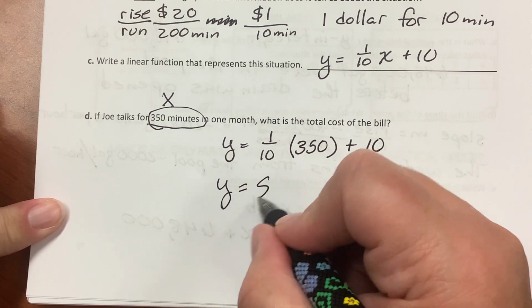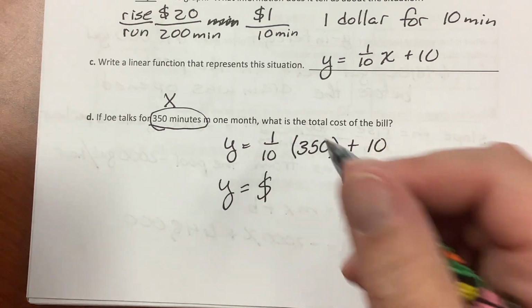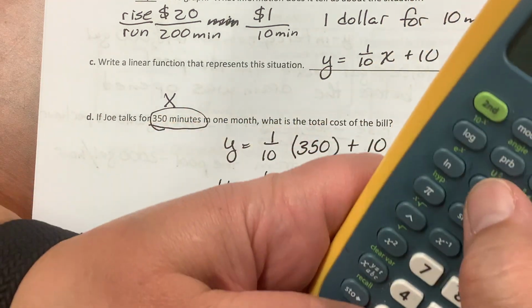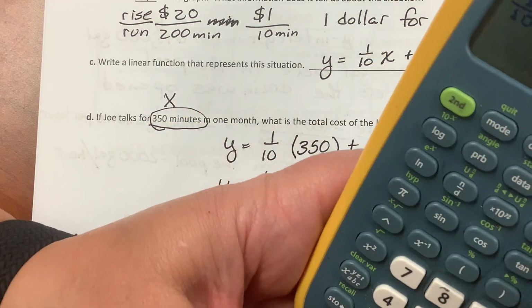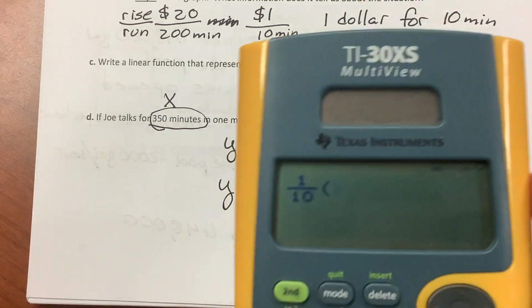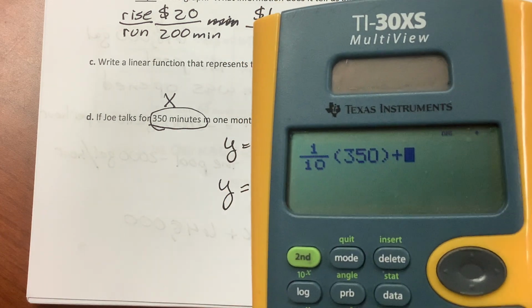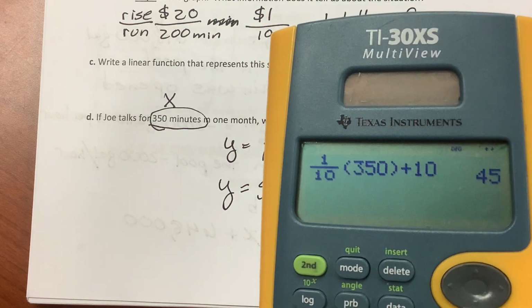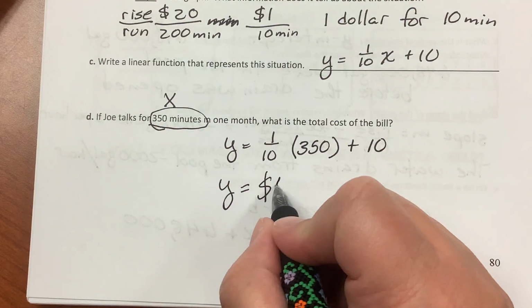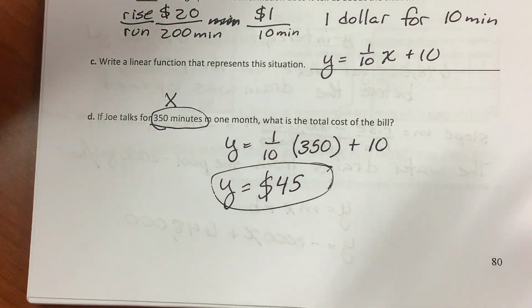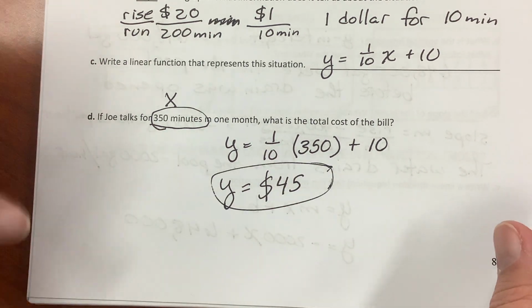Y equals, now this is going to be dollars. 1/10 times 350 plus $10 is $45. That makes sense. $45 for his phone bill. And that's going to change every month.